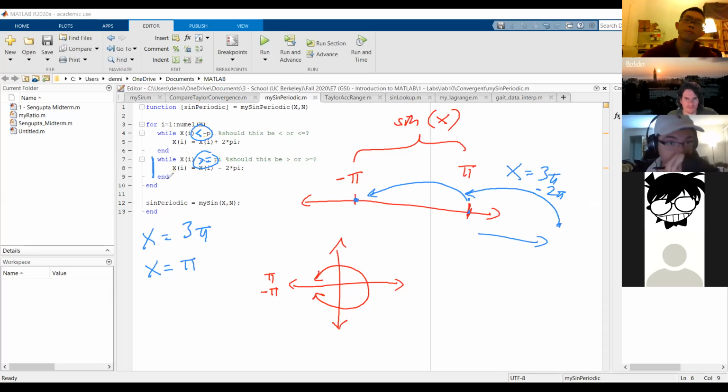You can have a value for negative pi and a value for pi. But if you want to be more elegant about it, you would avoid duplicate values by having pi mapped down to negative pi. I think if we did this, it would avoid a while loop, and it would still be okay, unless I'm missing something in the PDF that prevents us from doing that.